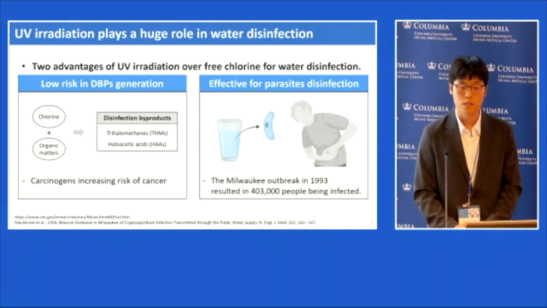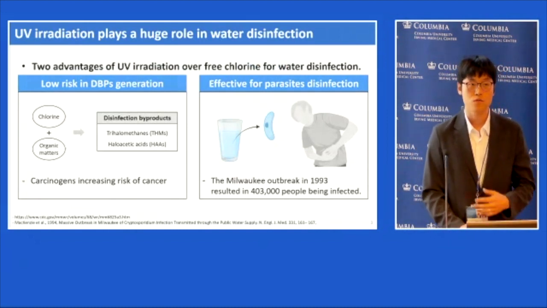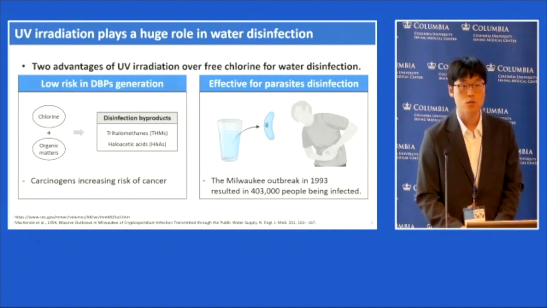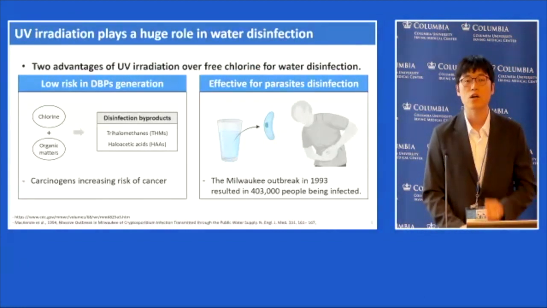for water disinfection. UV irradiation has played a huge role in water disinfection because of many advantages. I'd like to emphasize two specific aspects that are particularly relevant to water disinfection. First, UV irradiation can complement the limitation of chemical disinfectants, such as free chlorine.